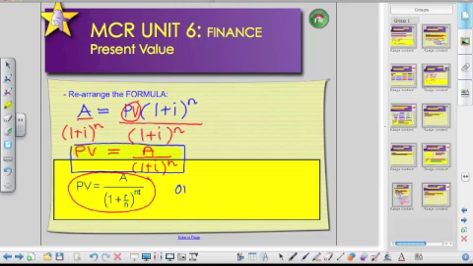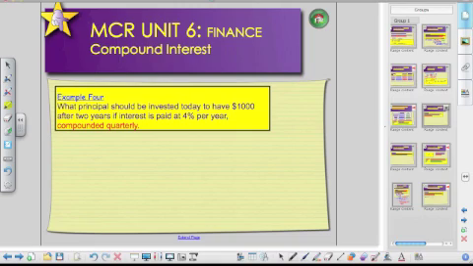Or we can rewrite this as present value is equal to A times 1 plus I to the power of negative N. So let's do a question using this new formula. What principal should be invested today to have $1,000 after 2 years if interest is paid at 4% per year, compounded quarterly?